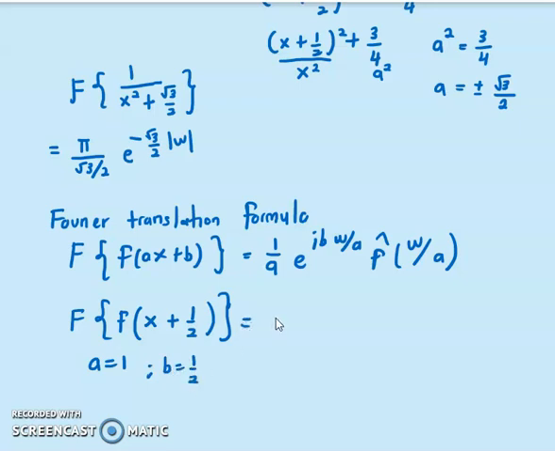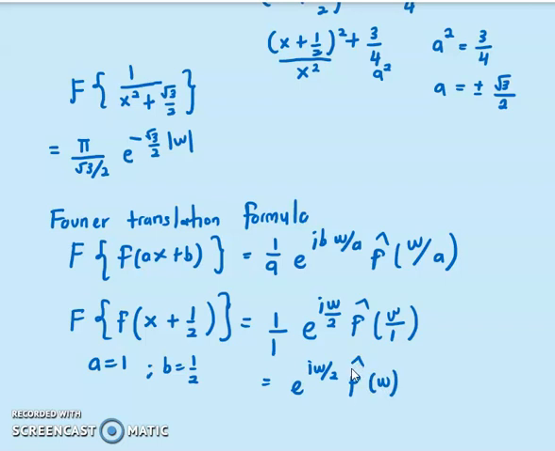This will give me e to the i omega over 2, f hat omega.